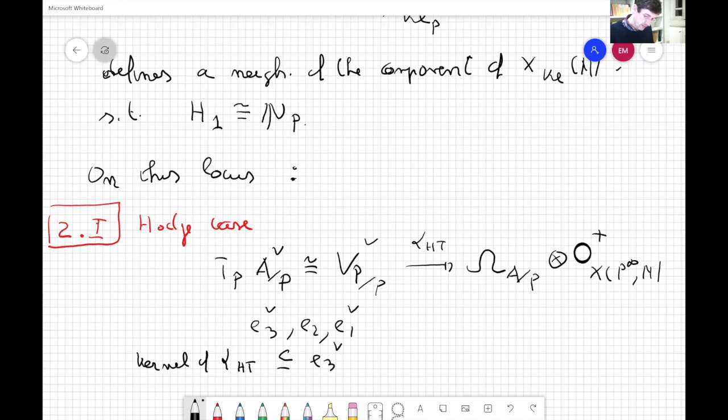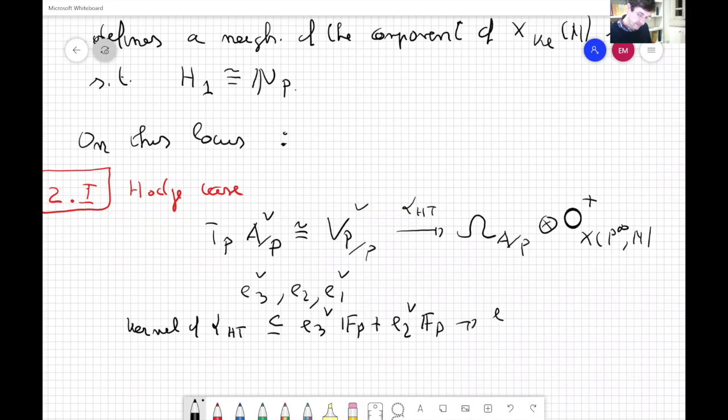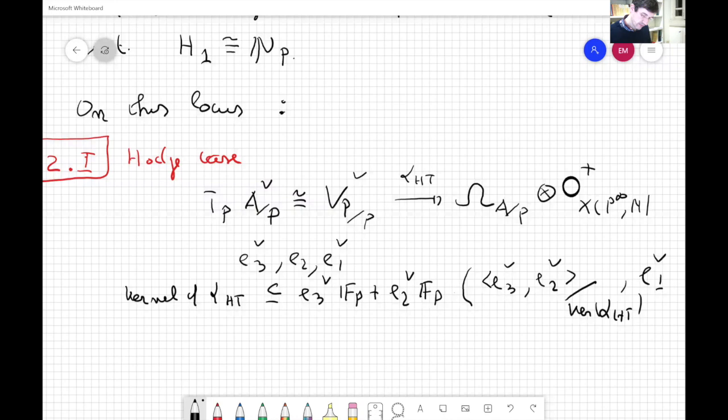is contained in the span, and then the quotient, so let me simply write this, the span of this, so that defines a line, and I also have an element E1 dual that actually spans this whole space, because remember that if we extend scalars of this map alpha Hodge-Tate, this big omega was defined in such a way that the map became surjective.